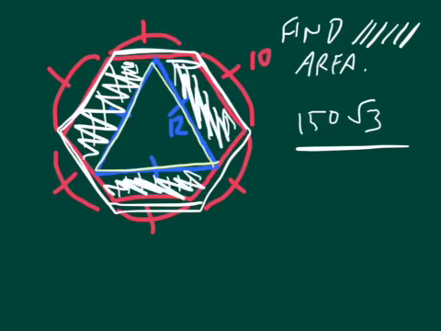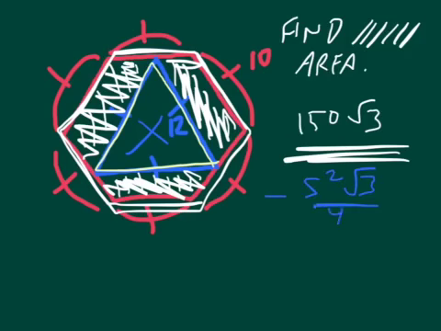You might want to say it's 150 √3, but that doesn't make sense, because you want to subtract out that area on the inside. So let's subtract out side squared √3 over 4. That side is, in our problem, 12. And so that's 144 √3 over 4. What is that? 144, so 72 over 2, maybe 36. It's 36 √3.